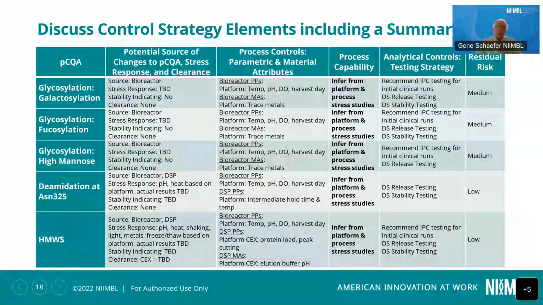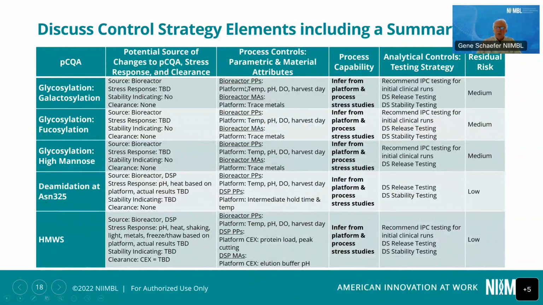And then we talked about the control strategy elements, and we looked at an integrated control strategy for both process and analytical control. Usually at the beginning, there's very little information. A lot of that process capability is inferred from platform and process stress studies done up front.